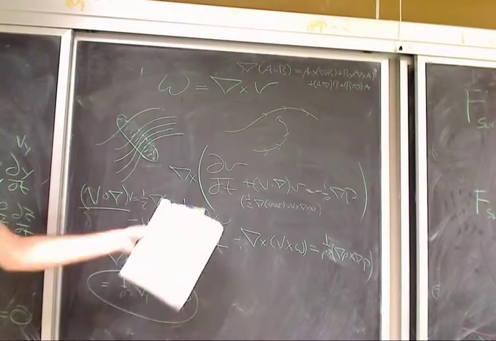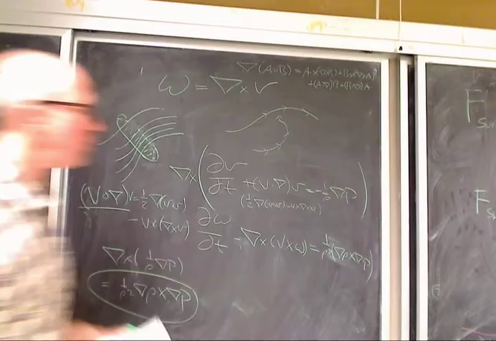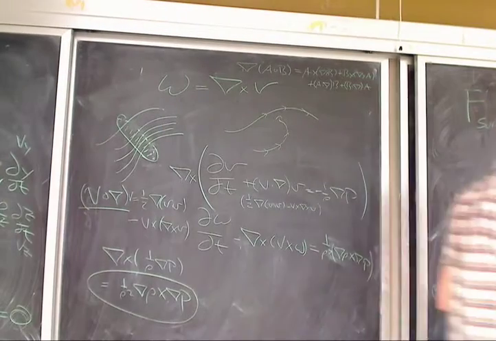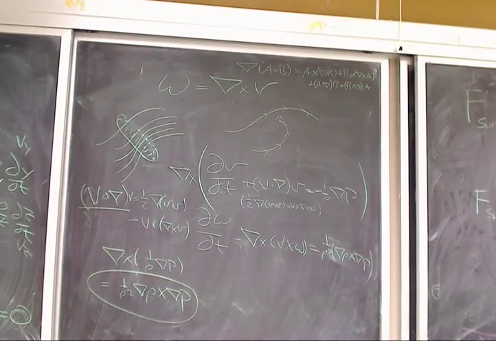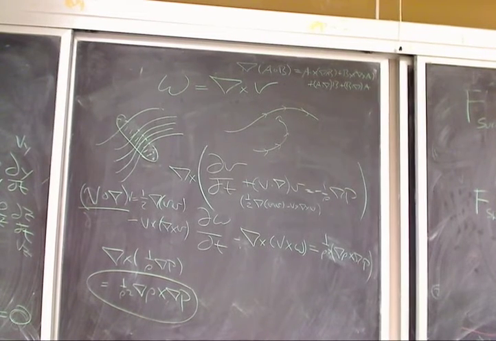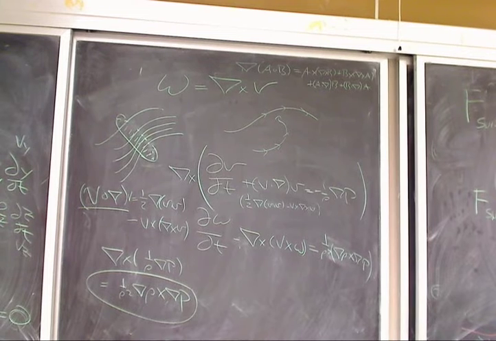Okay, I'm going to write this one down too. So we started with the Euler's equation. We took the curl. We threw in a derivative. And we get a vorticity equation. d omega dt minus curl of v cross omega equals 1 over rho squared grad rho cross grad p.